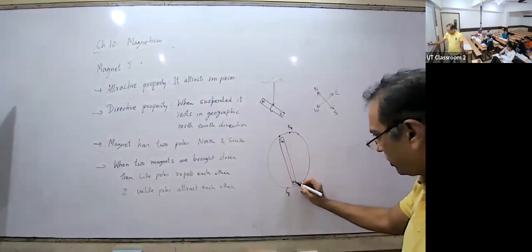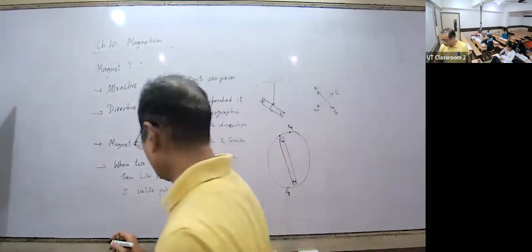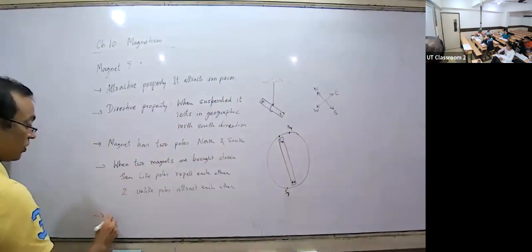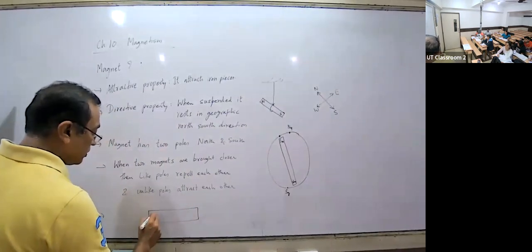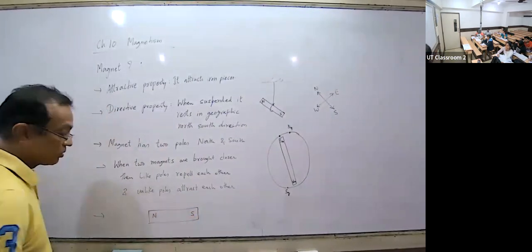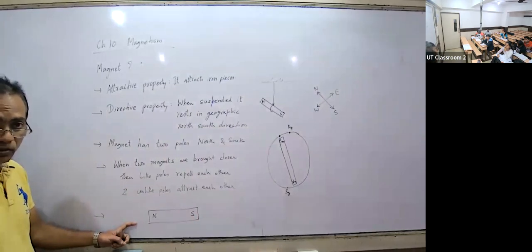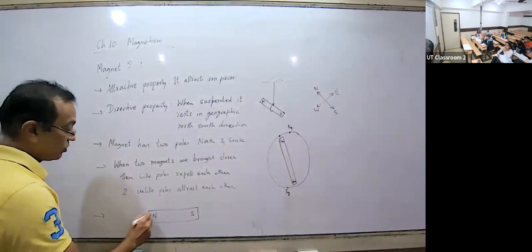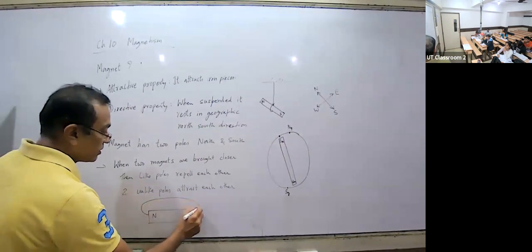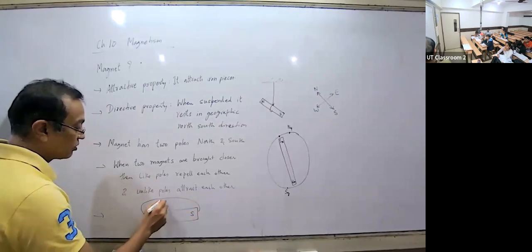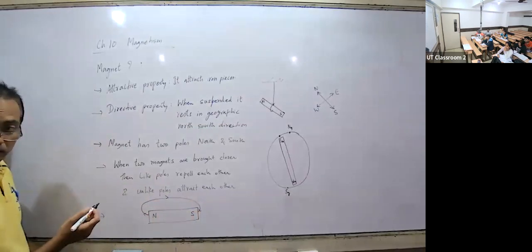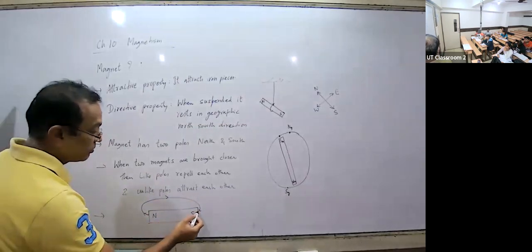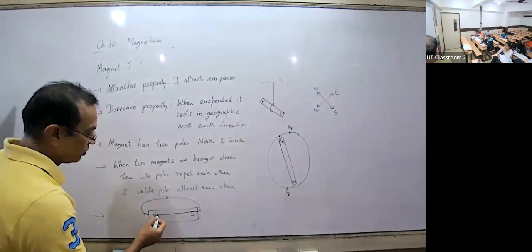Okay, one more property of a magnet I have to give you here. Whenever you have a magnet, let us say this is a bar magnet, it has north and south pole. Its magnetic field lines come out of the north pole and enter at the south pole outside the magnet, and inside the magnet it travels from south to north pole.